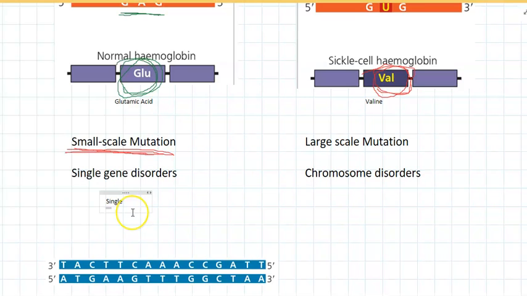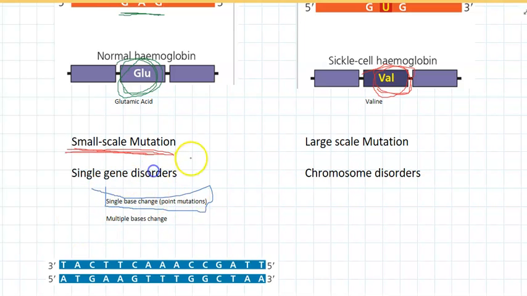You can either have just a single change in the genetic code, so a single base change, and these are called point mutations, or you can have multiple bases in the code change as well. Single base changes is what we're focusing on, so point mutations.